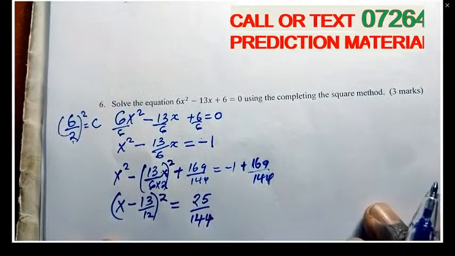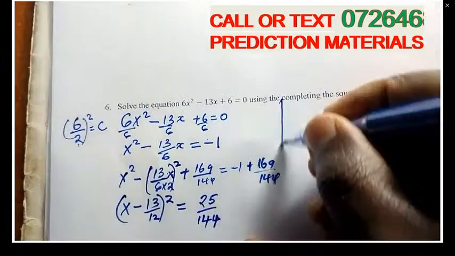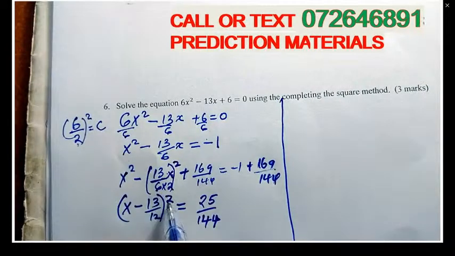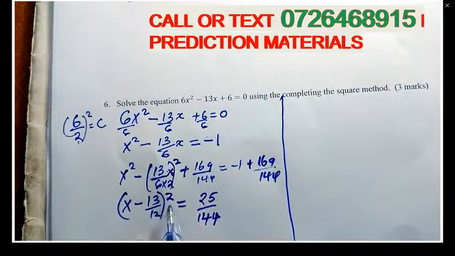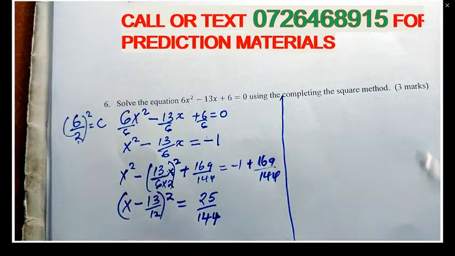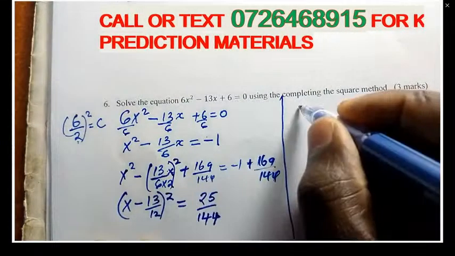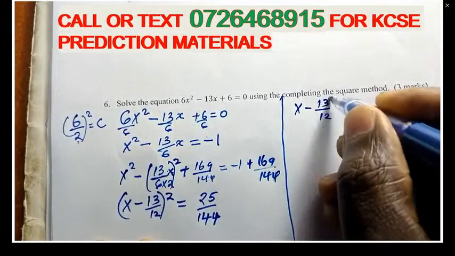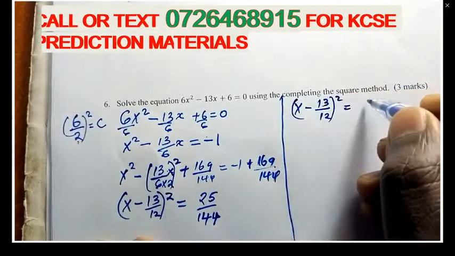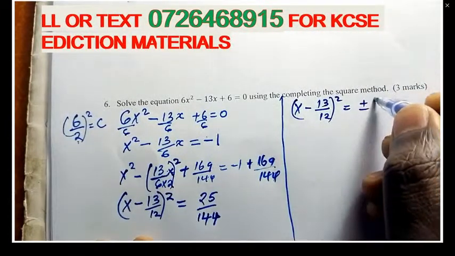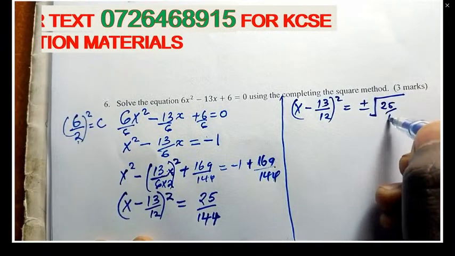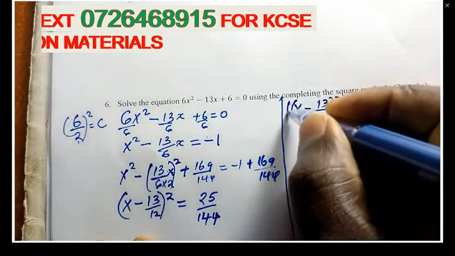Now the next thing we need is to remove this square here. We remove this square by square rooting both sides. So x minus 13 over 12 is equal to plus or minus the square root of 25 over 144. We square root both sides to remove the square.